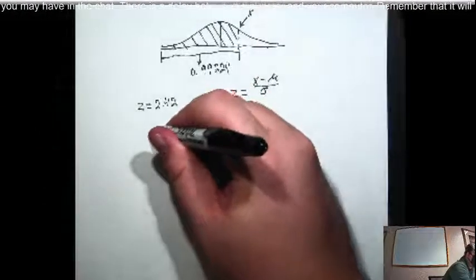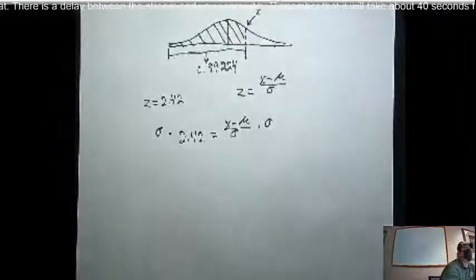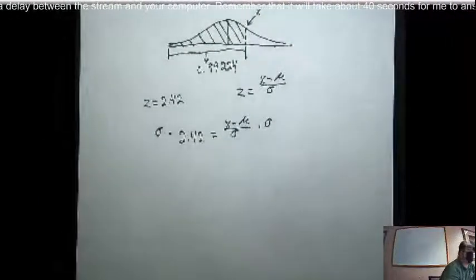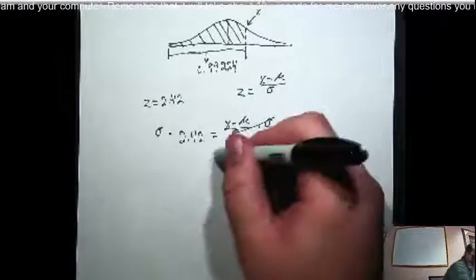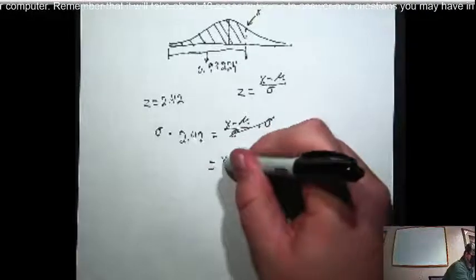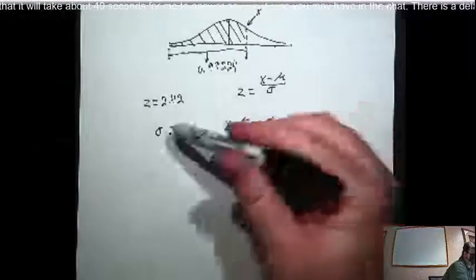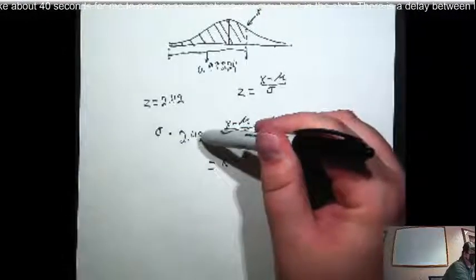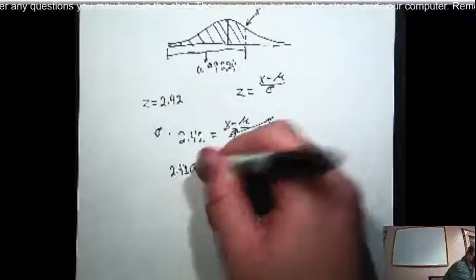And of course, we need to do that on both sides. So here, since we're multiplying and dividing by sigma at the same time, they cancel, leaving us with x minus mu. And on this side, we have sigma times 2.42. Well, the best we can do with that is 2.42 sigma.